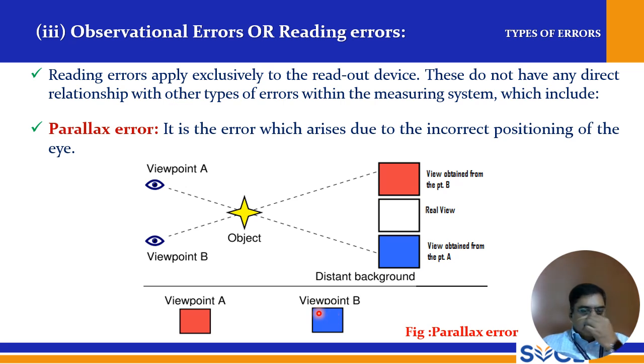The object is on a blue background. So this is known as parallax error. Actually there is no color, it is a transparent one. It is a real view. The object is actually only having yellow color. Its original color is yellow. It should be observed without any color background. So that is the parallax error.